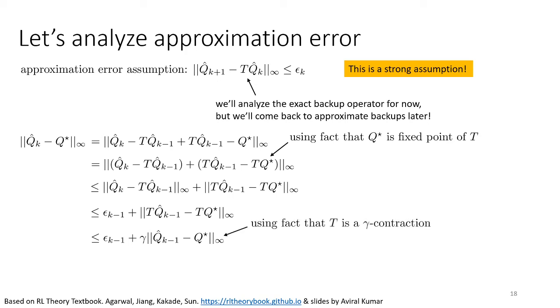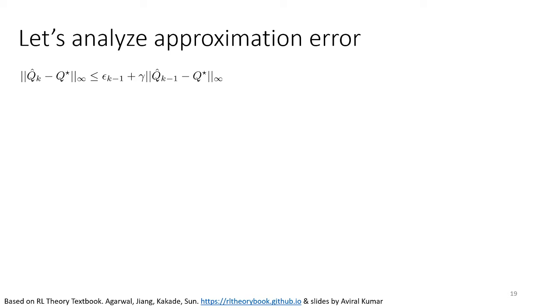So using the fact that t is a contraction in gamma, we can bound this by gamma times q hat k minus 1 minus q star. And now what we've done is we've related q hat k minus q star recursively to q hat k minus 1 minus q star, but with the addition of this little error term epsilon k minus 1.